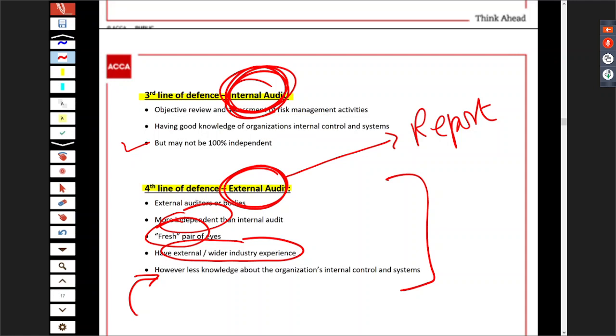So the whole concept of the four lines of defense is that as a board of director, it is not possible for me to police everything, not possible for me to become a watchdog. So there has to be a proper framework or a proper internal control environment where everybody is responsible for their own act. Starting from employees, that's the first line of defense.